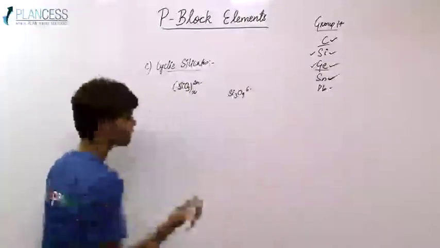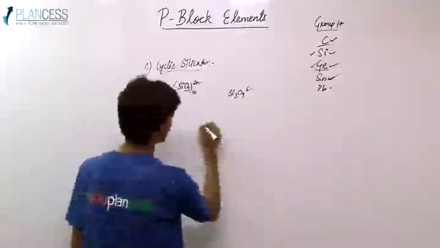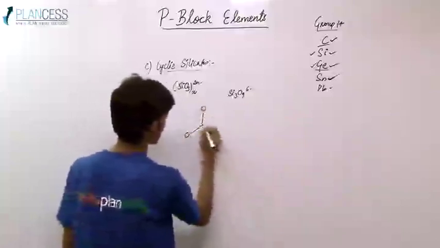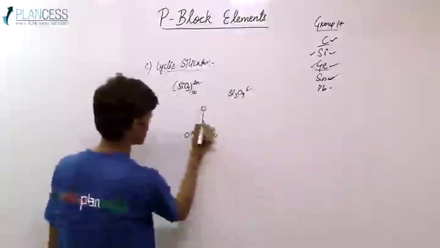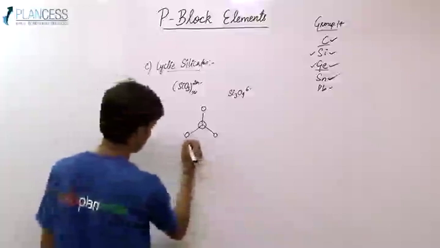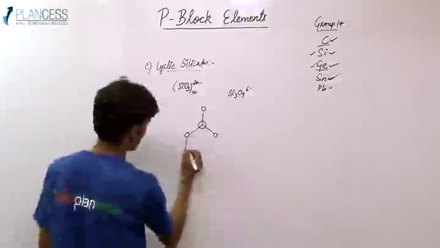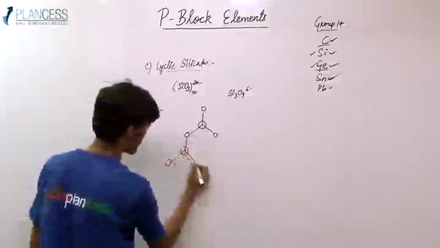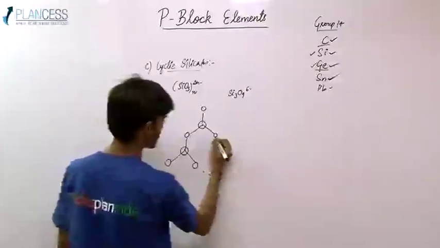The structure for it would be that here is a silicon atom, oxygen here, oxygen here, oxygen here, and one oxygen coming out of the plane. This oxygen is again shared by another silicon atom here, with oxygen again here and here, and this oxygen is again shared.